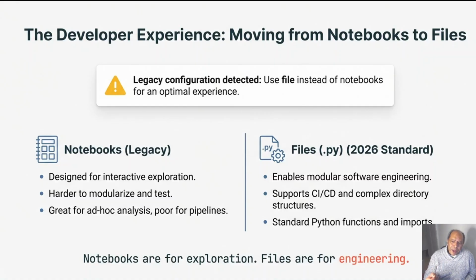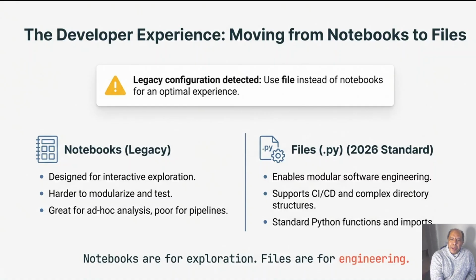For production pipelines, the ones that need to run reliably at 3 a.m., that have SLAs, that power critical business decisions, you want the rigor and structure that .py files provide. You want version control that shows actual diffs.